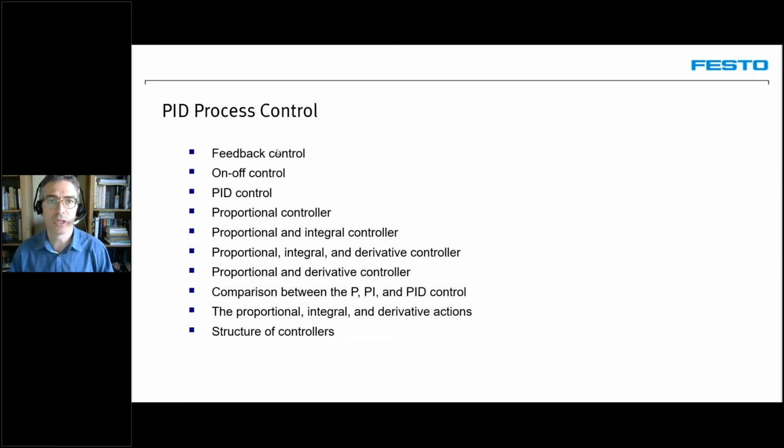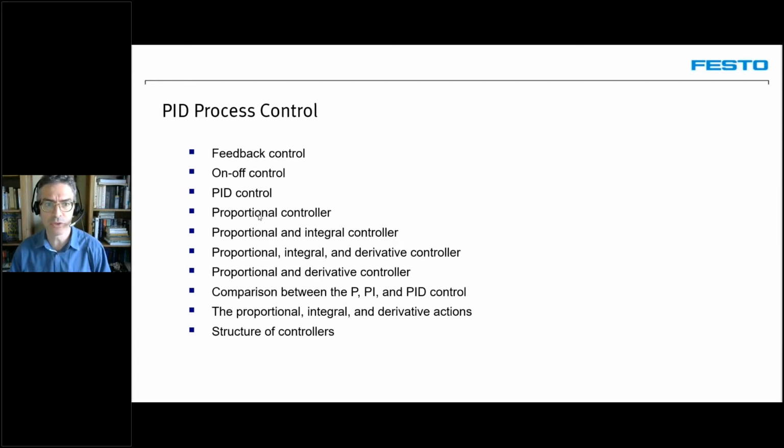First we will look at what feedback control is. Then we will start with the simplest of all types of control, on-off control. Then proportional control, so instead of being just on-off, the response of the system will be proportional to the error. Then we will look at PID in progressive order.